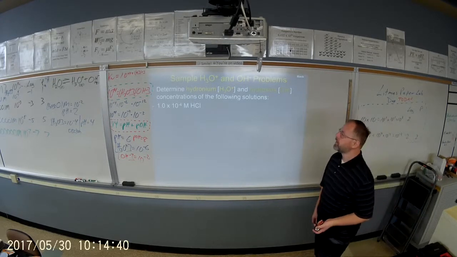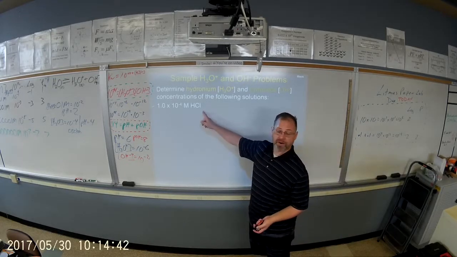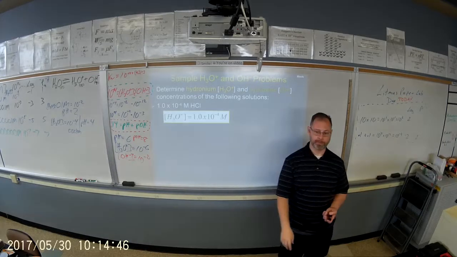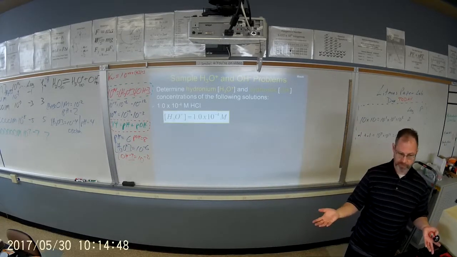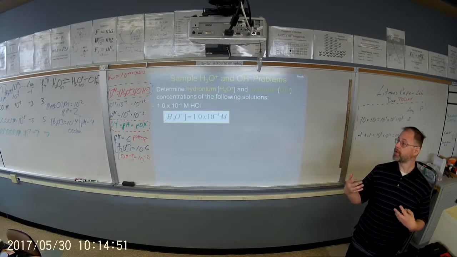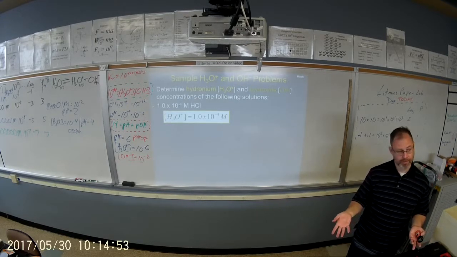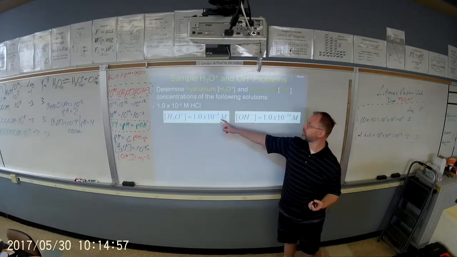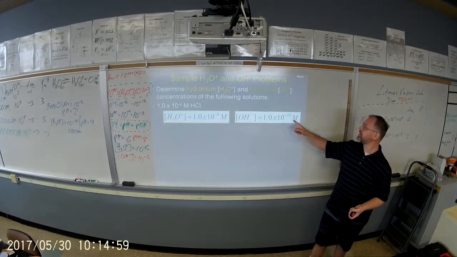Okay, so 10 to the negative 4, that means this is our acid, so our hydronium is going to be 1 times 10 to the negative 4. Make sense? What's going to be our hydroxide? 10 to the negative 10. So if our hydronium is 10 to the negative 4, our hydroxide is going to be 10 to the negative 10.